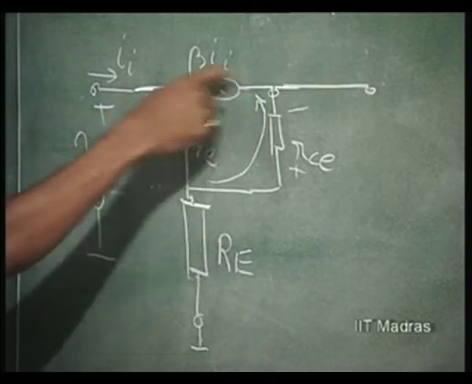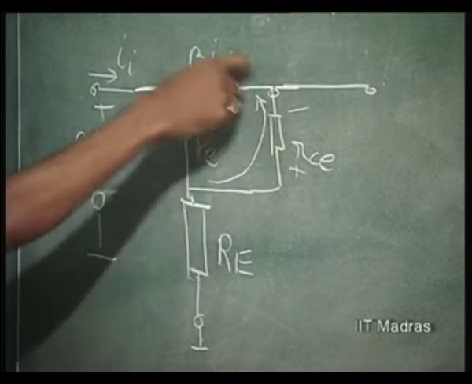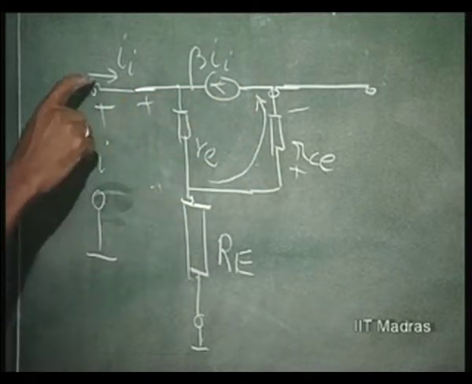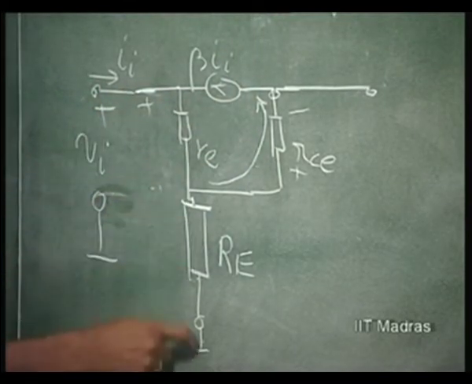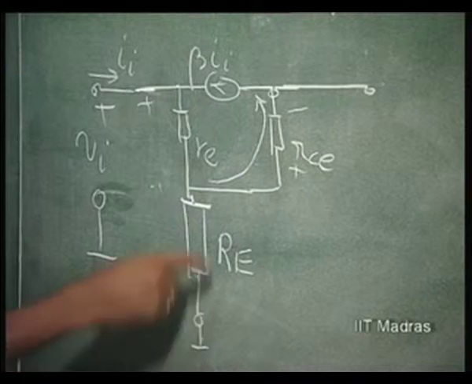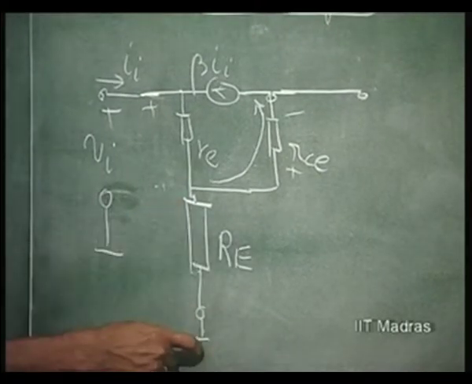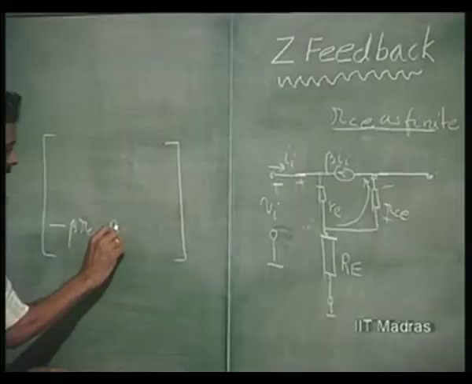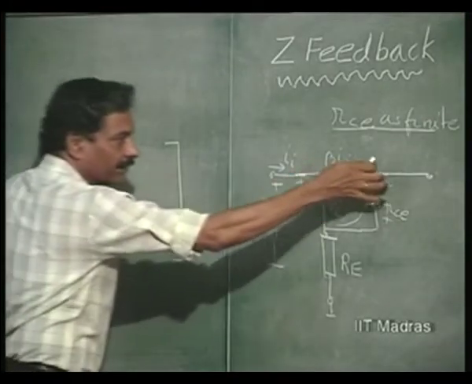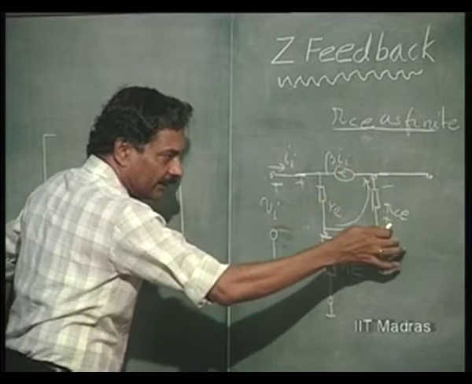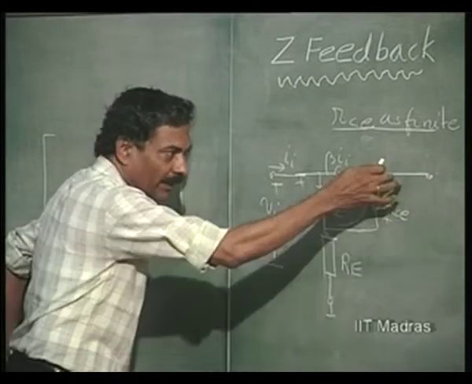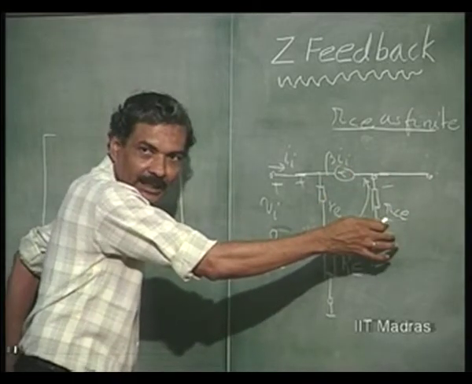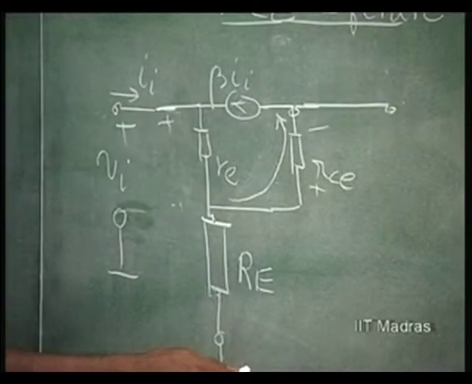There is a circulating current of beta times II in this, and therefore, when II is this, this is also II. So, the voltage here is II into RE. This is going to be a further additional voltage in series with this. So, output voltage is this plus this: minus beta times RCE times II, and this is II times RE.